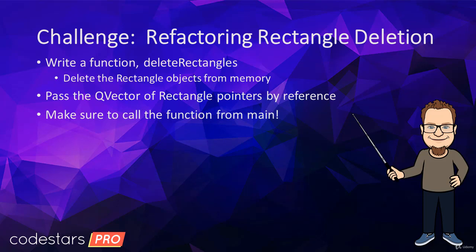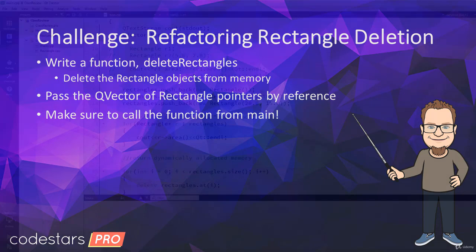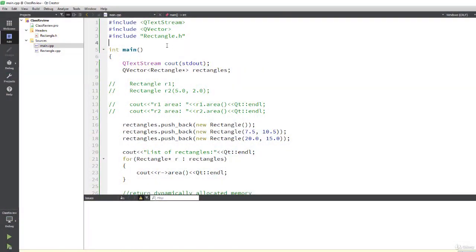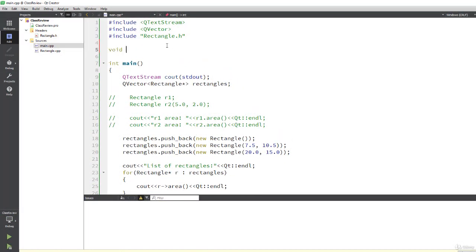How'd that work out for you? Let's work on it together. So at the top, before main, I'm going to create my prototype. It's going to take a QVector of rectangle star in angle brackets. We'll call this rectangles also. We don't need to do that, but we will.